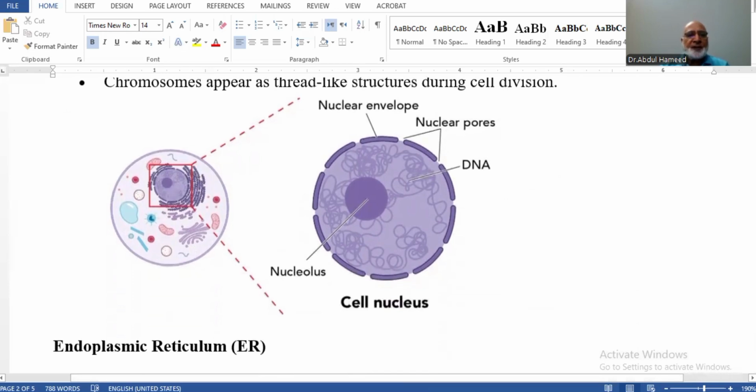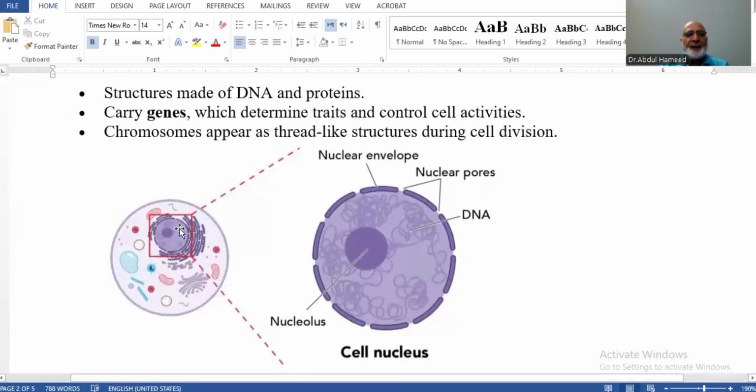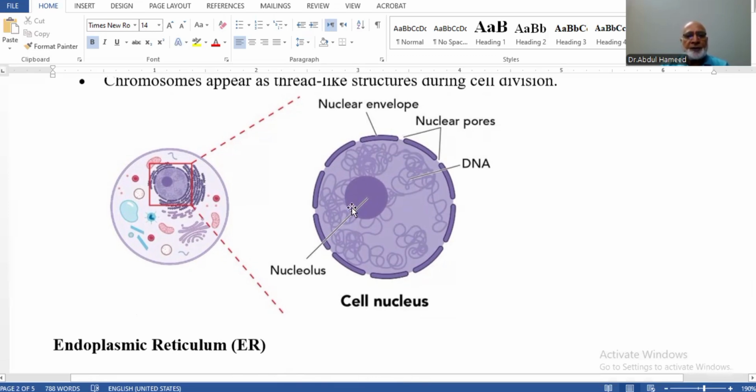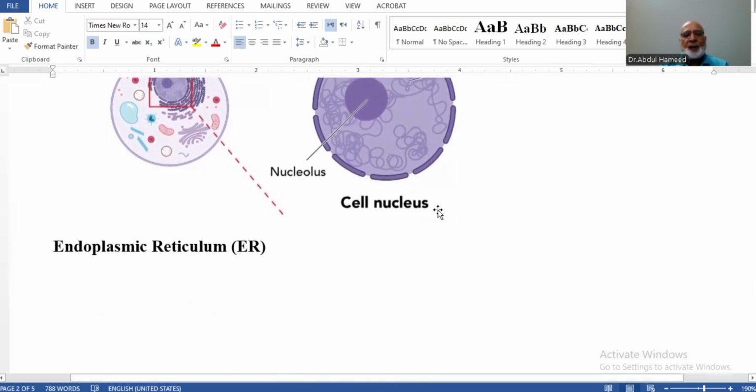So this is a diagrammatic depiction of the nucleus. Here the nuclear envelope, nuclear pores, DNA in the form of chromatin material, and nucleolus. So that is all about nucleus.